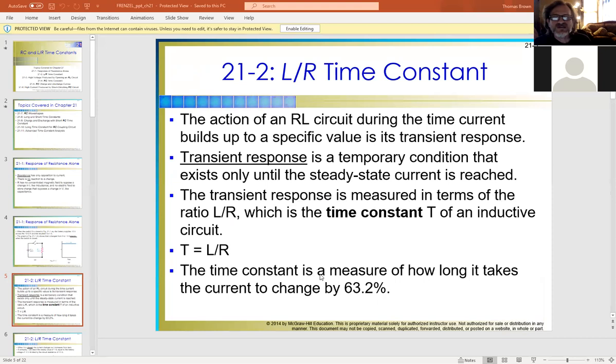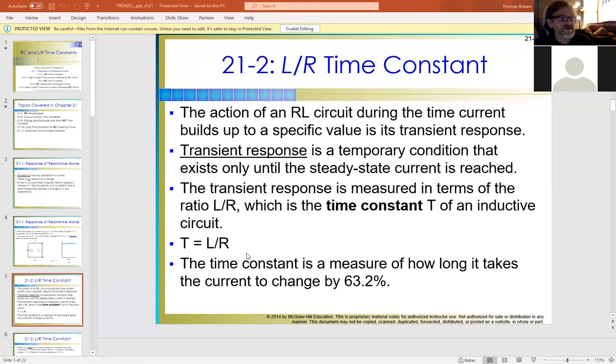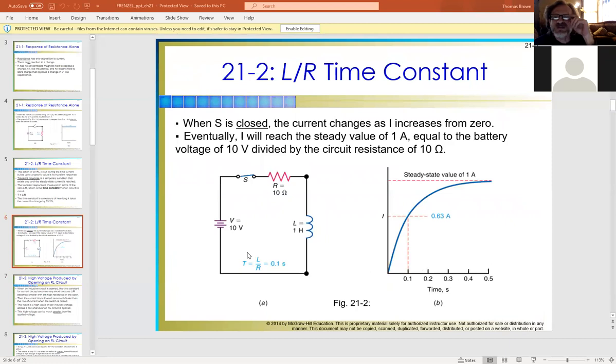It's a time constant, measuring how long it takes the current to change by this much. So it has to go through a fairly drastic change before we consider an effective change. Remember this part, that it has to do with our time constant. Then we're going to get into what that actually means.